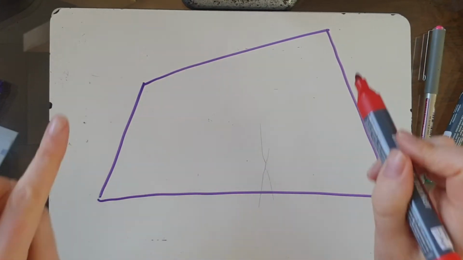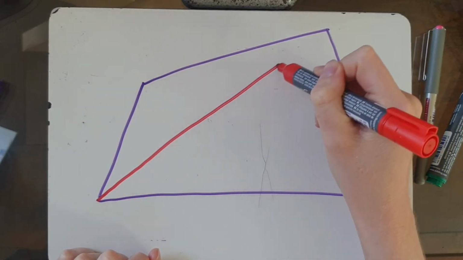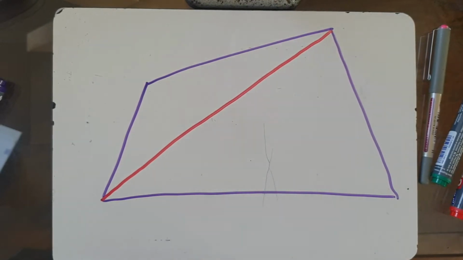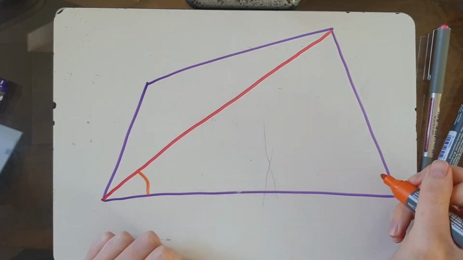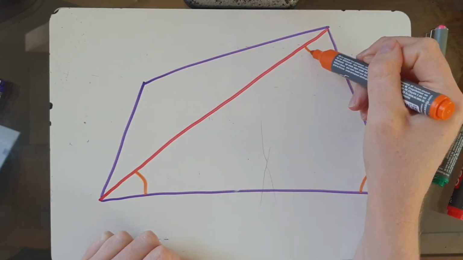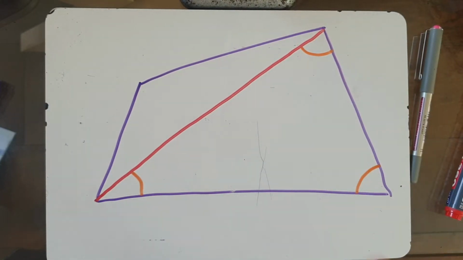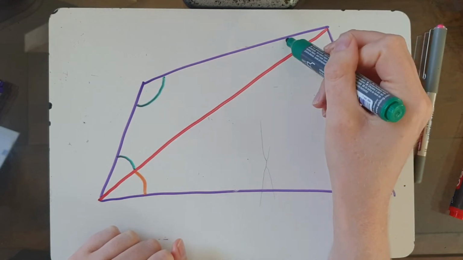And if we take any quadrilateral, so any shape with four sides, we can split it into two triangles. The angles in this triangle would add up to 180. So that would be 180. And the angles in this triangle would add up to 180.